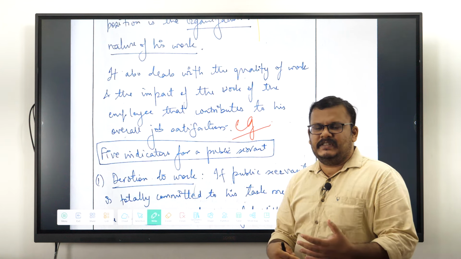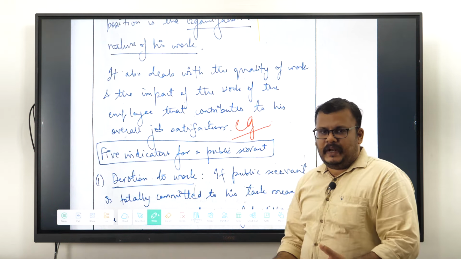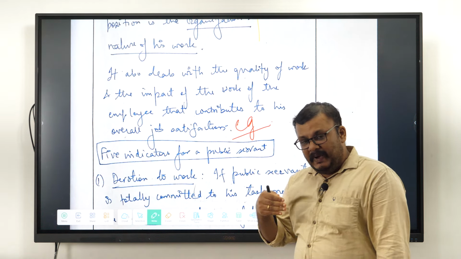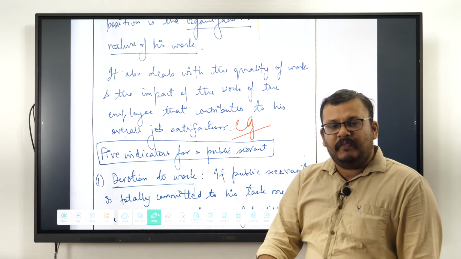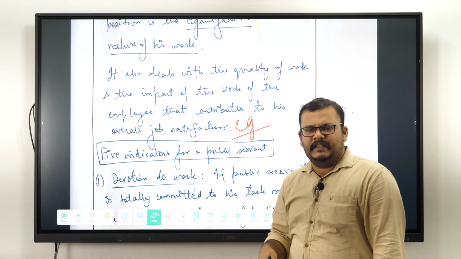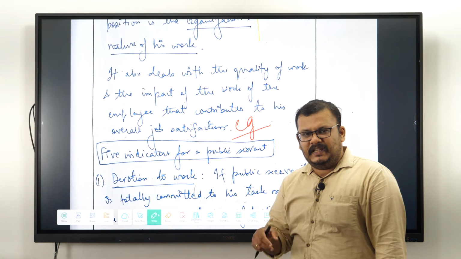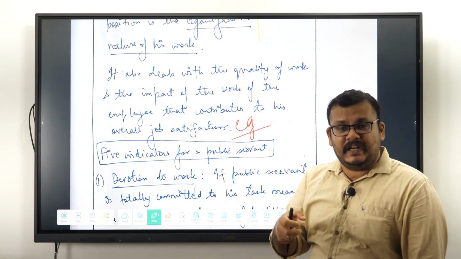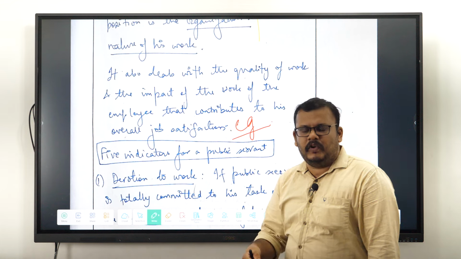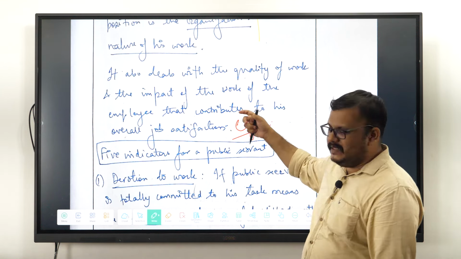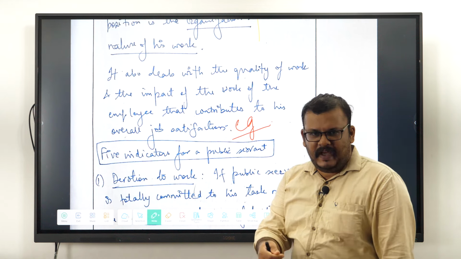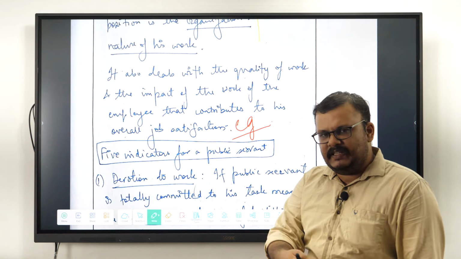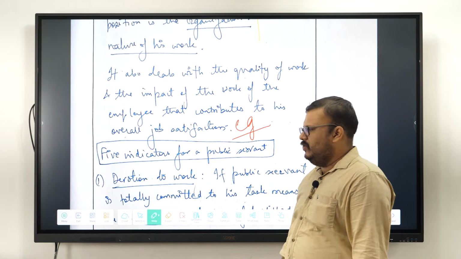So you can give live examples of bureaucrats who have resigned from their jobs, or bureaucrats who, irrespective of many challenges like Ashok Khemka, faced a lot of challenges within the organization, but in spite of them was able to uphold civil service values because of his strong conviction. You can think of such real life examples where job satisfaction is present, or where, as a result of challenges, job satisfaction might not be present.